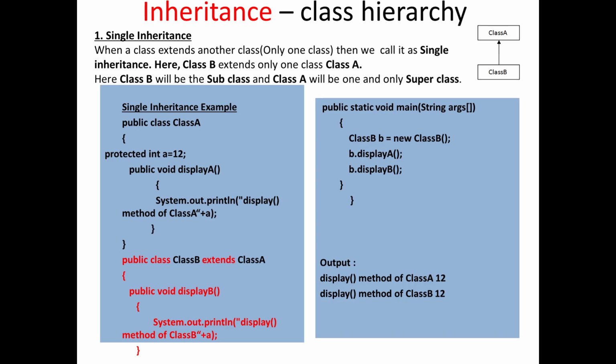Inside the main function, the object for class B is created. The object name is B. Using this B, we can access the properties of A and also B. B dot display A will call the display method of class A, and B dot display B will call the display method of class B. Here we created the object for the child class only, and using the child class object we accessed the parent class properties.